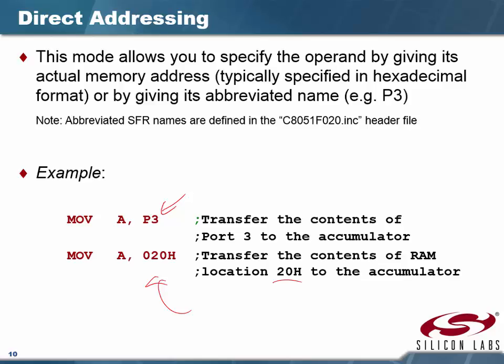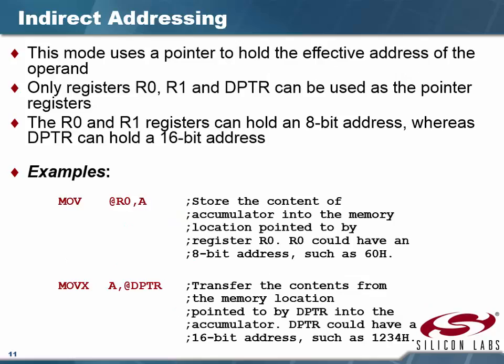These are our direct addressing modes. We use the direct addressing mode more than you think, because that's how we move things in and out of the port, the analog digital controllers, and how we send things out the serial port, because those are all special function registers, and they're specified up there.